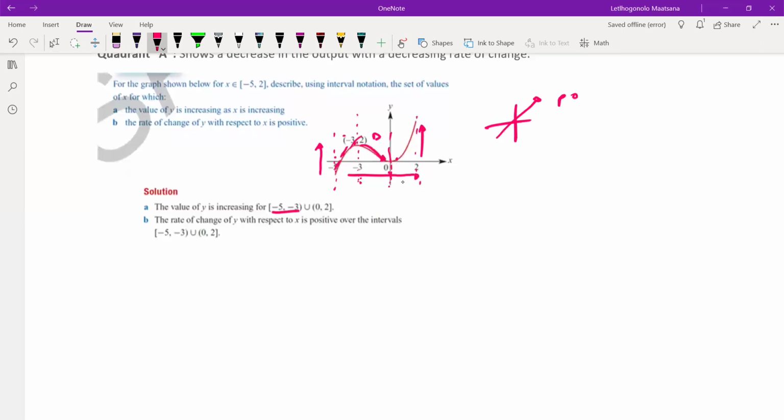And also here, if we draw our tangents, we'll see that the graphs are facing up or going this way, so they are positive. But if we take a look at this section, if we draw a tangent here, we will see that the lines look like this, which is a decreasing rate of change.